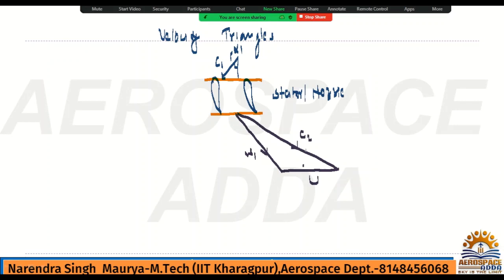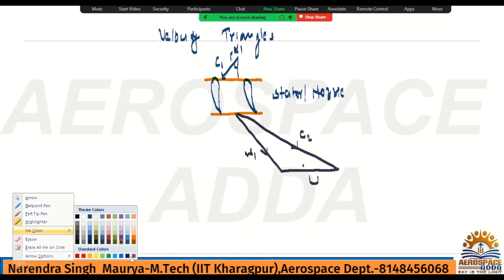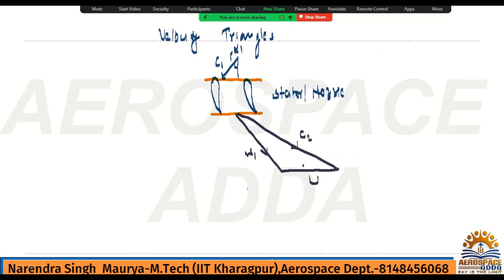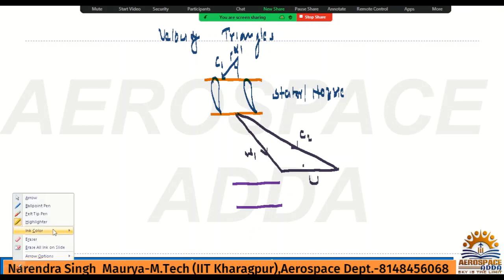c2. Now next we have a rotor. This rotor will be here, and this rotor is rotating.